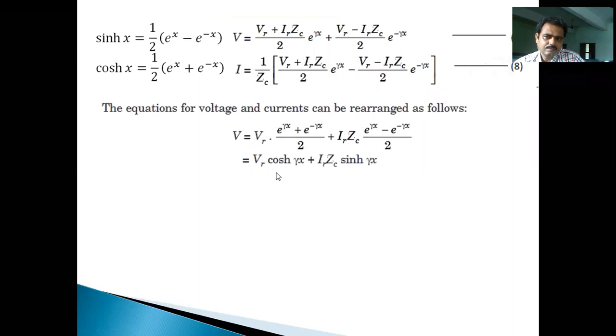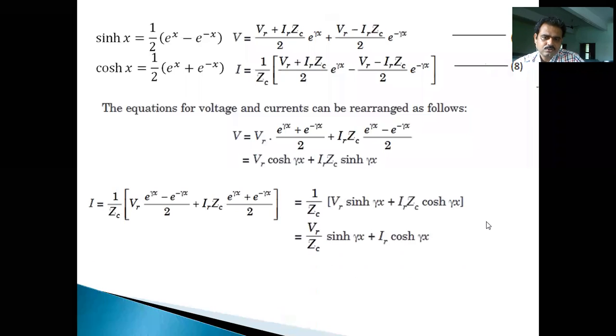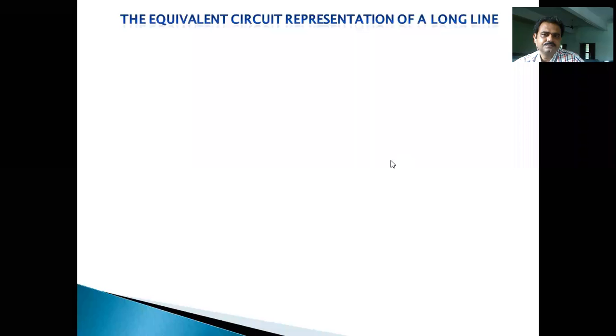In terms of hyperbolic functions, the equations can be written as V equals VR cosh gamma x plus IR ZC sinh gamma x, where gamma is the propagation constant and ZC is the characteristic impedance. So these are the values we have obtained for voltage and current.